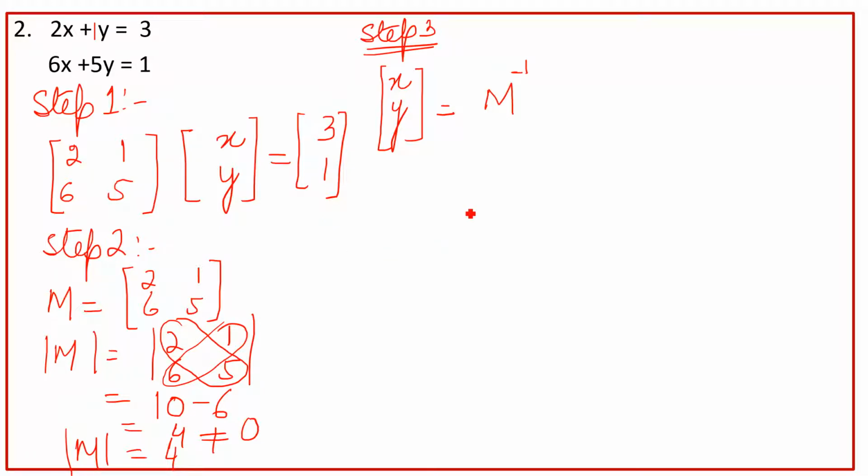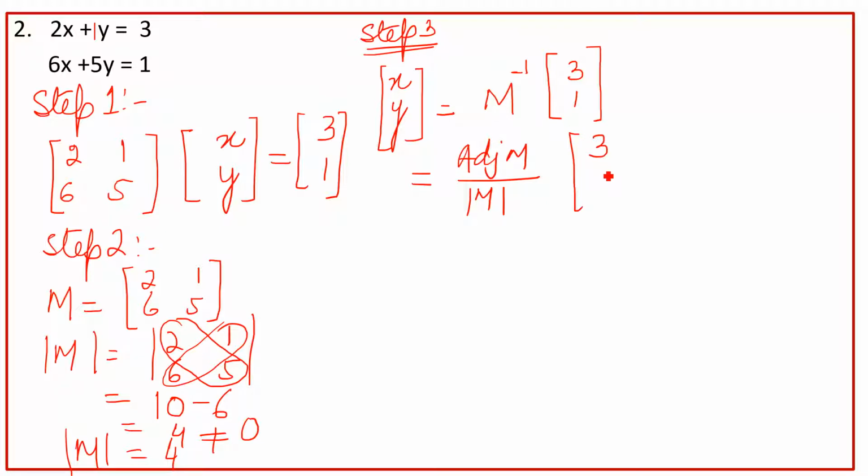When we take it to the numerator, its exponent will change. And what else do we have on the right hand side? 3 and 1. Like this, right? Okay, x and y will remain the same, and M inverse is equal to adjoint of M divided by determinant of M. This is the value of this, right?